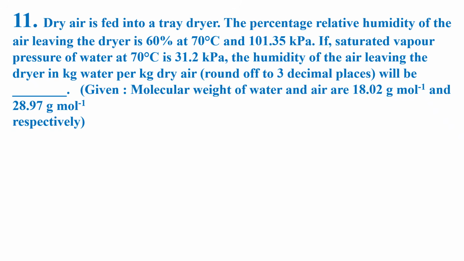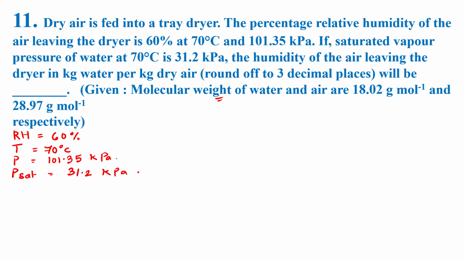Relative humidity, that is 60%, temperature 70 degrees Celsius, total pressure 101.35 kilopascal, and saturated vapor pressure of water at 70 degrees Celsius, that is Psat, is 31.2 kilopascal, and molecular weights of water and air is given.